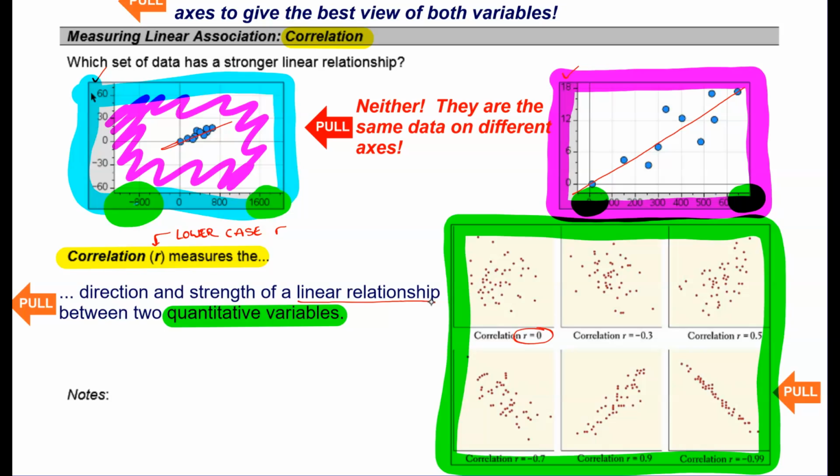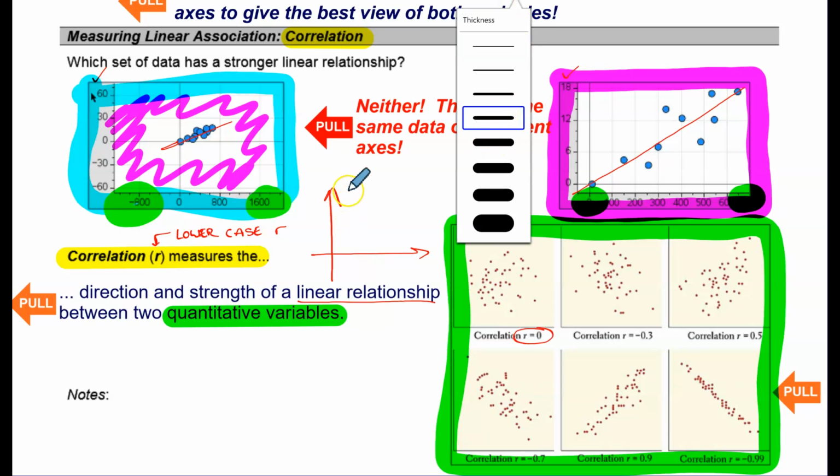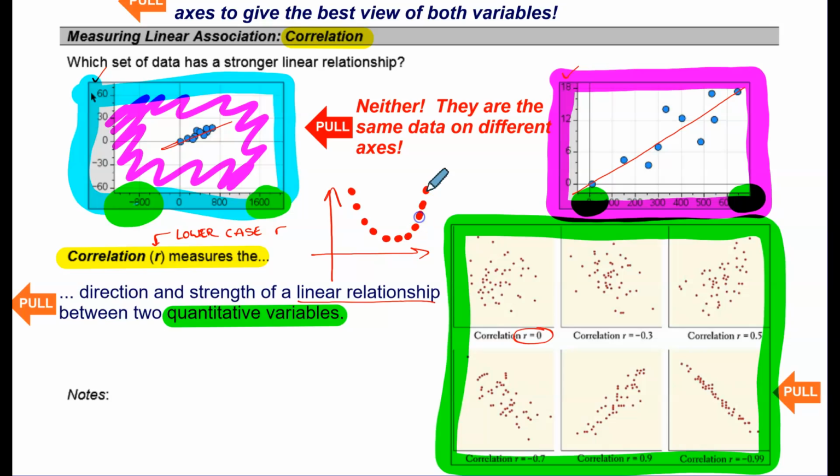So it's not a curved relationship, it's linear. You can in fact have a scatter plot that looks something like this. I'm just going to make one up. That's a pretty nice curve, and we could probably fit an equation to that data, but the correlation would be near 0 because it's not linear.